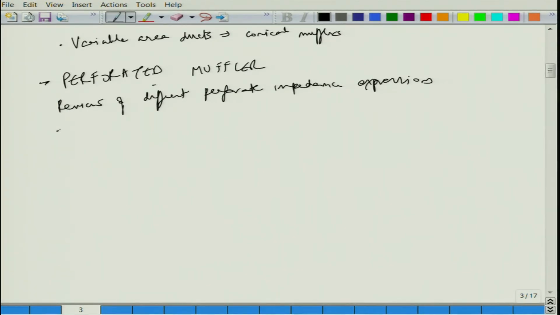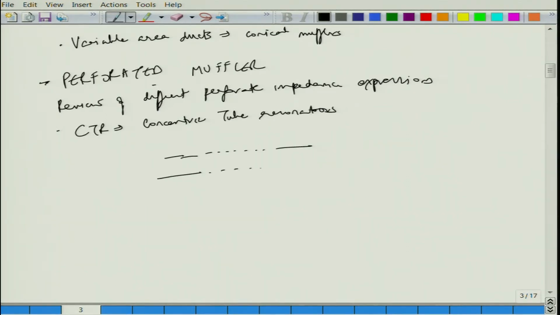did a simple CTR, that is the concentric tube resonator, and talked about how to tune it. The concentric tube resonator is one of the most important configurations that we are considering in this course, something like this. Let me draw this guy again here. So these extensions were formed at the inlet and outlet, and they double tuned this.